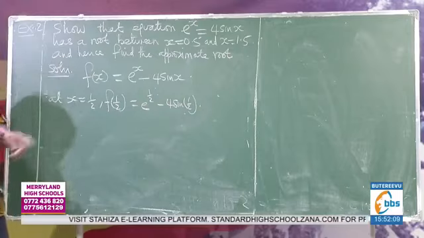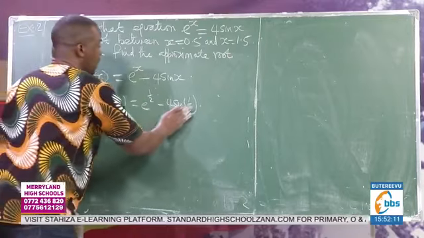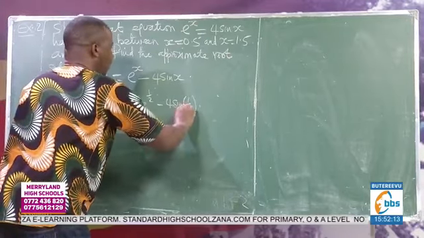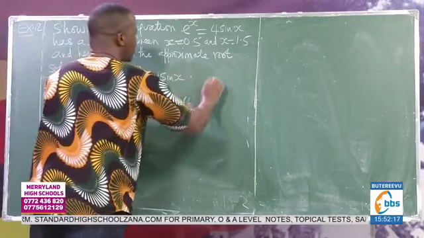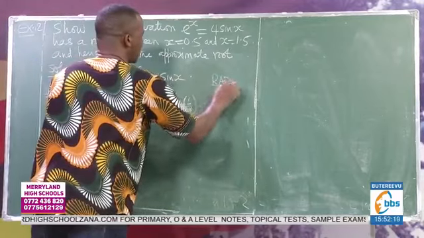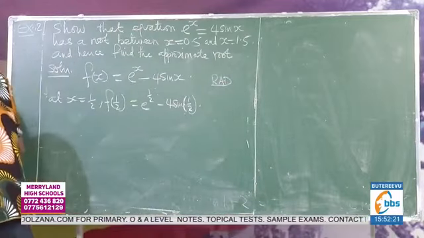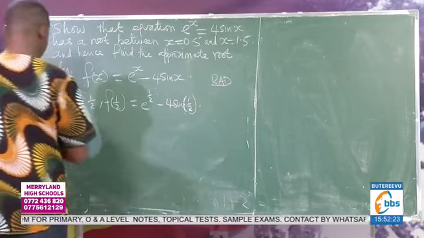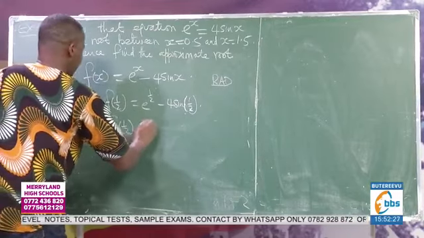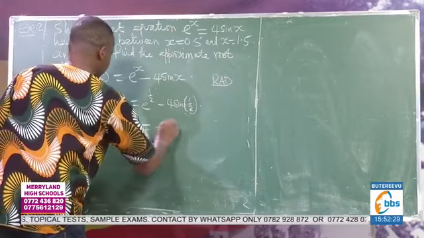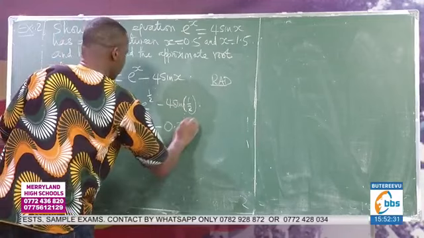This is where I must emphasize that because a half is a very small angle, this will require you to use radians. Radians is a mode on your calculator that you must use, and when you use radians, I can assure you that f of a half will give you a value of negative 0.2690.